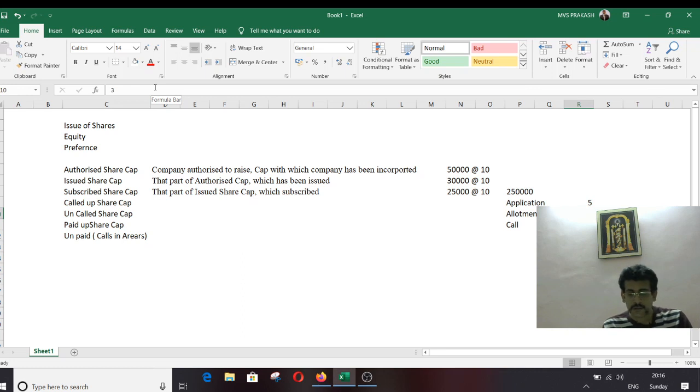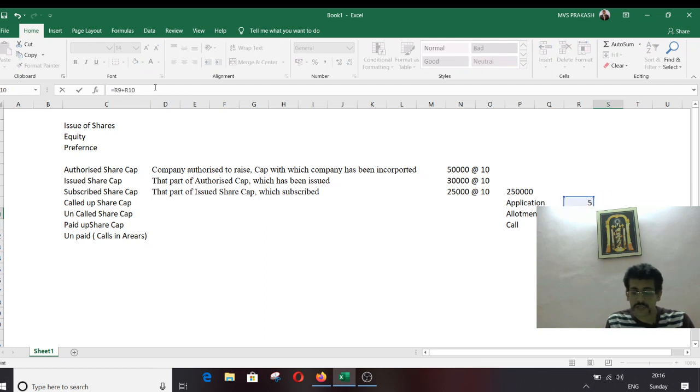Now I had received the application money, I had received the allotment money, but I had not called the call money. So what is the money which I had called? 8 rupees per share. Like that, how many shares has the shareholder subscribed? 25,000 shares.